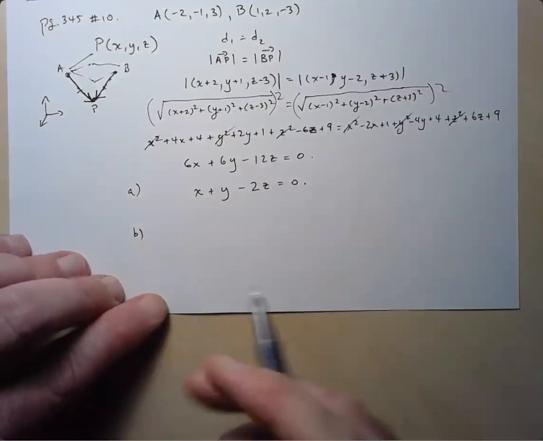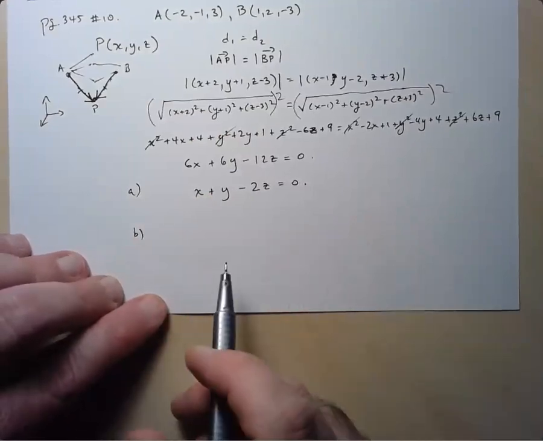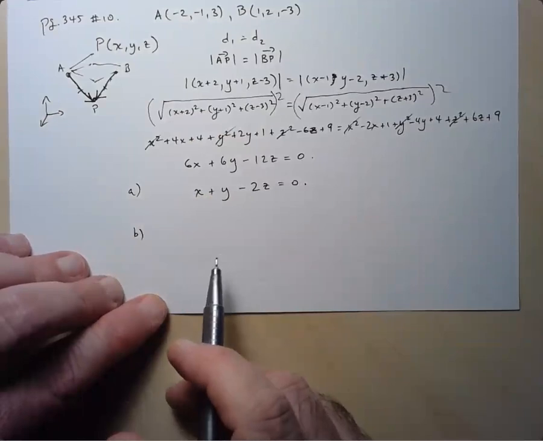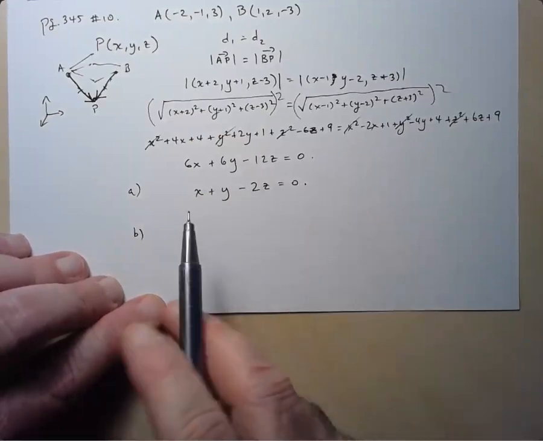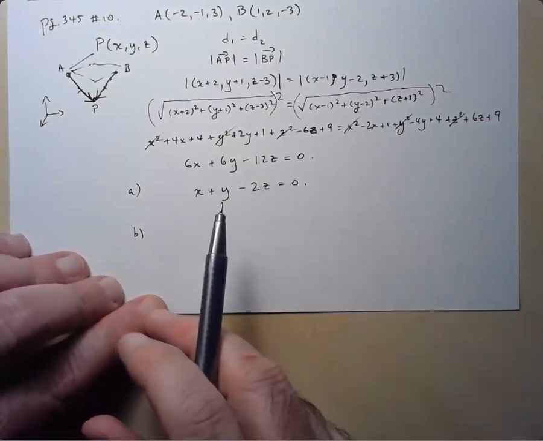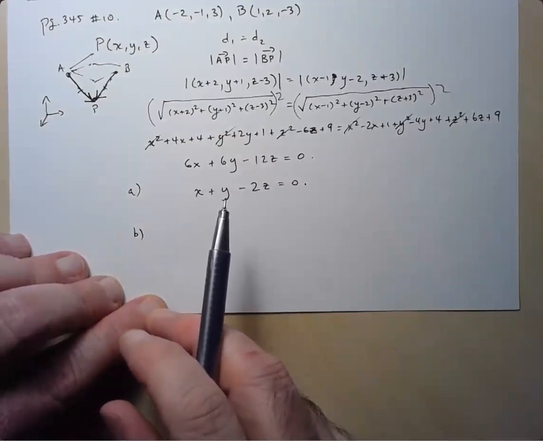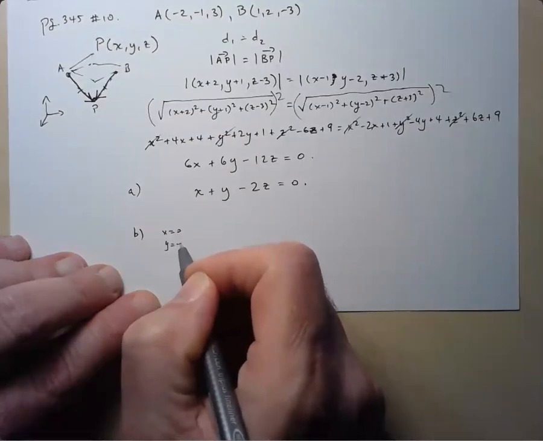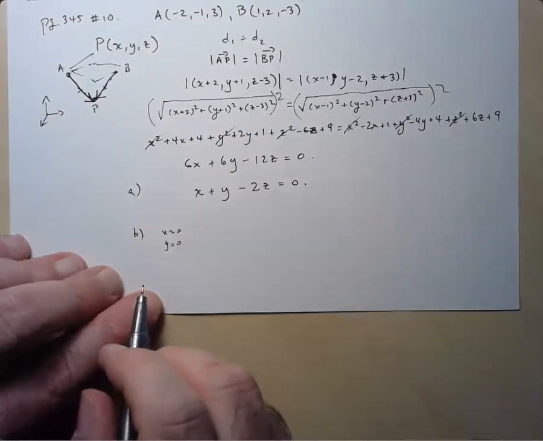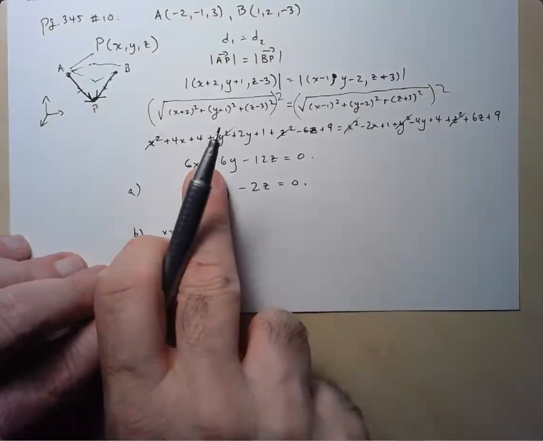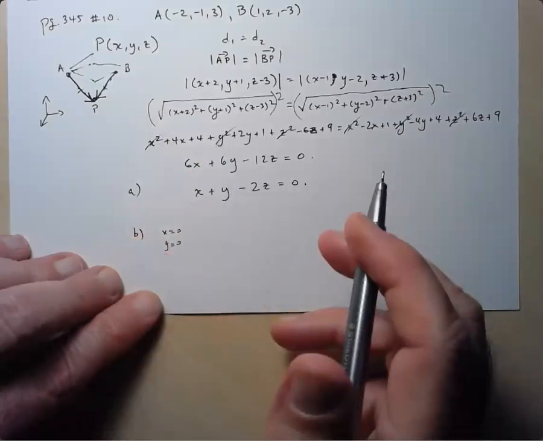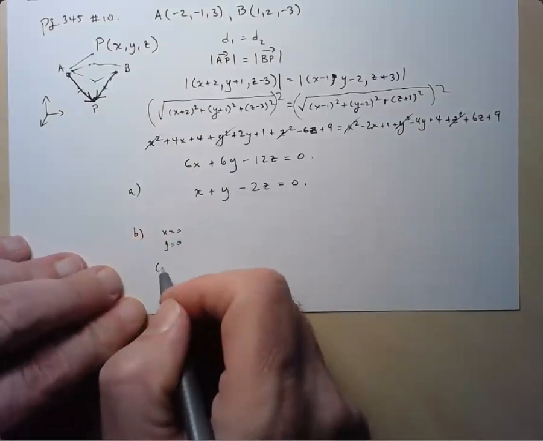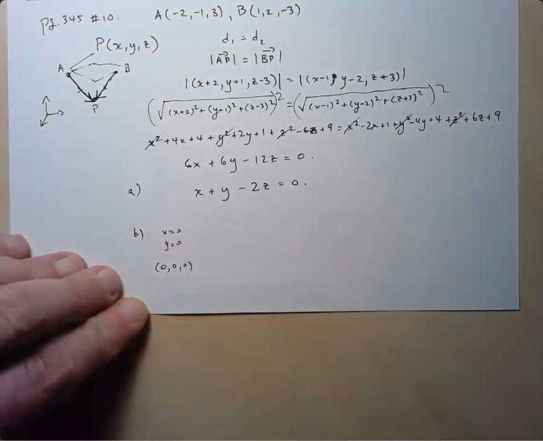Okay, so here they're asking me for 2 specific points. Here I could find as many as I like. Now I would say do stuff that's easy, well, pick what if x is 0 and y is 0. Well, hey, these 2 things disappear, and lo and behold, what is z going to be equal to? 0. So 0, 0, 0 is actually one of my points.